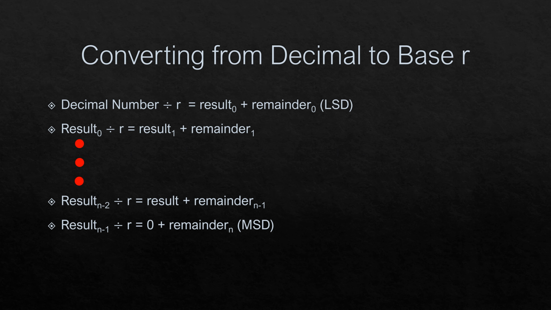The general procedure for converting a decimal integer number to a number in base R is done by dividing the decimal number and all successive quotients by R. So R equals 2 if converting to binary, 8 if converting to octal, and 16 if converting to hexadecimal, until the quotient is 0. The most significant digit of our result is the last remainder collected, and the least significant digit is the first remainder collected.